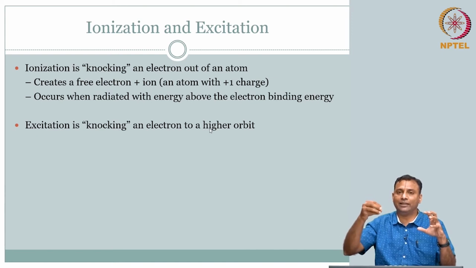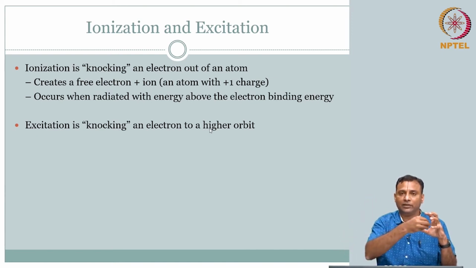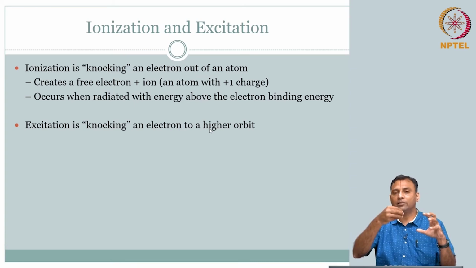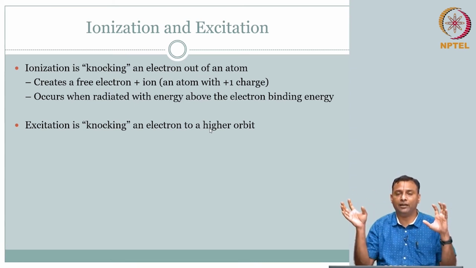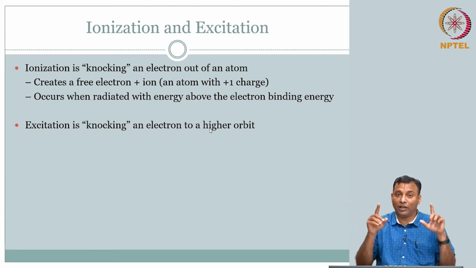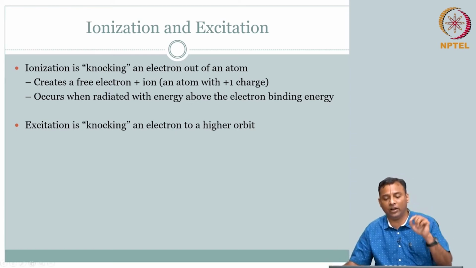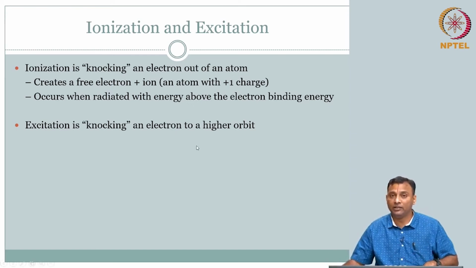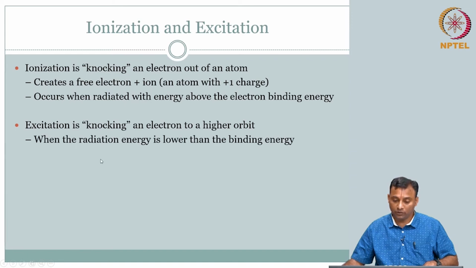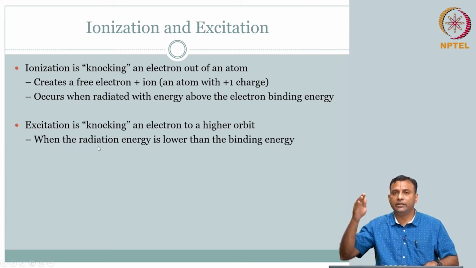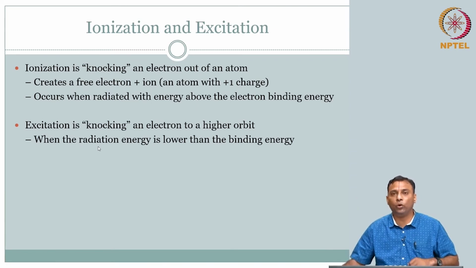I just provided energy such that it was trying to come out from K, it came to M, and that is it, the energy is expended. From the ground state, it is now in an excited state, meaning the electron is occupying the higher orbit. So, left to itself, what will it do? When the radiation is lower than the binding energy, you just excite, you do not knock it out of the atom.